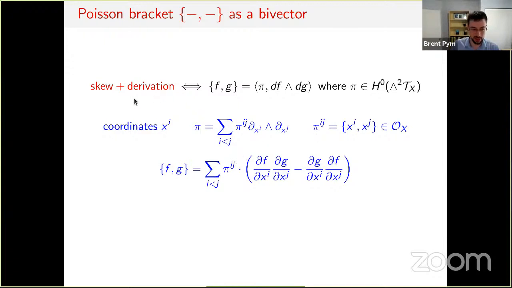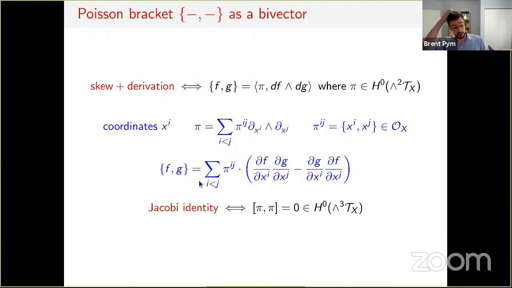So that covers the skew symmetry and the derivation property. And then there's one more thing, which is the Jacobi identity, and that corresponds to a nonlinear partial differential equation satisfied by pi, which says that the Schouten bracket of this bivector with itself is equal to 0. The Schouten bracket is an operation on polyvectors, which generalizes the Lie bracket on vector fields.